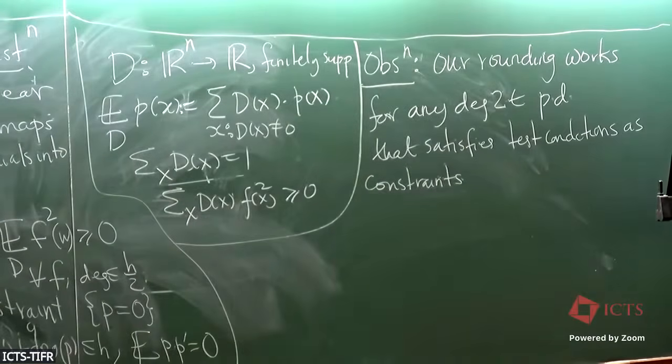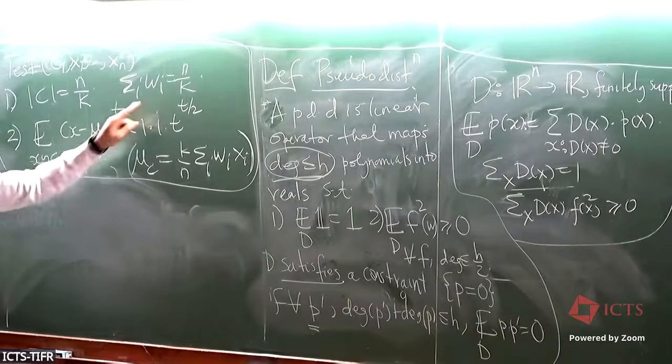So this definition tells you what it means to satisfy a polynomial equality constraint. I told you to think of inequalities as also equalities by adding slack variables, so I'll continue to do that. Now, we observed before that these are polynomial constraints in W variables. This one quite trivially is, and this one also is.